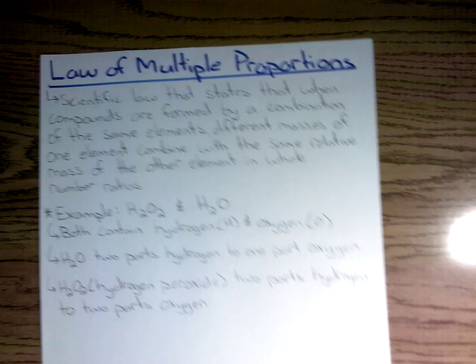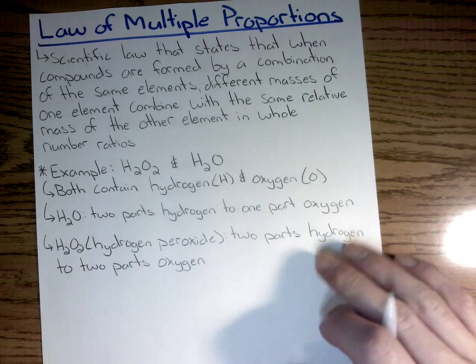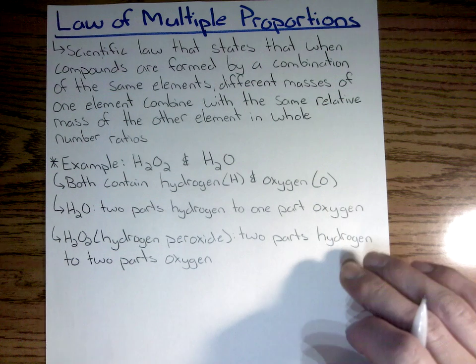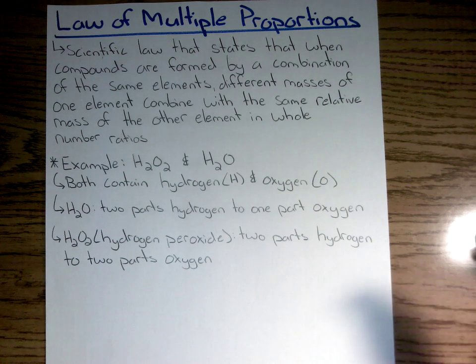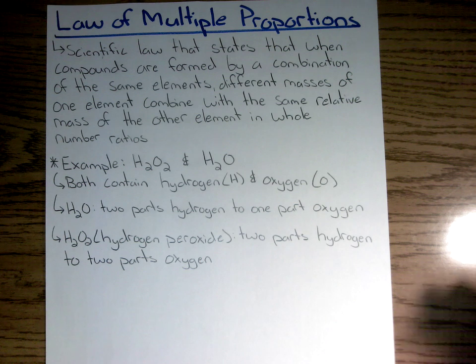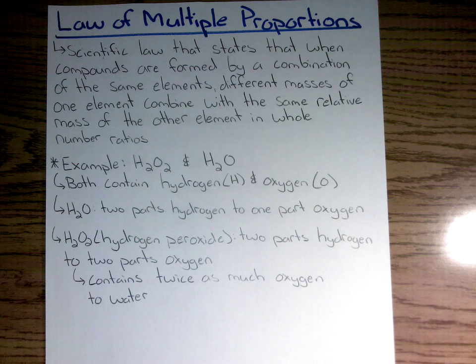And so the important part of this whole example is that hydrogen peroxide is going to contain twice as much oxygen compared to that of water. So overall, the mass of oxygen in hydrogen peroxide to the mass of oxygen in water has a ratio of 2 to 1.